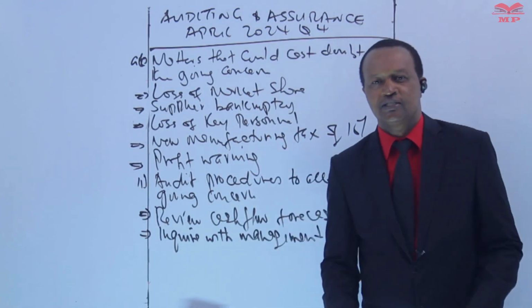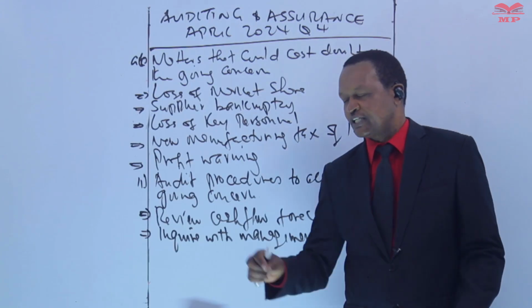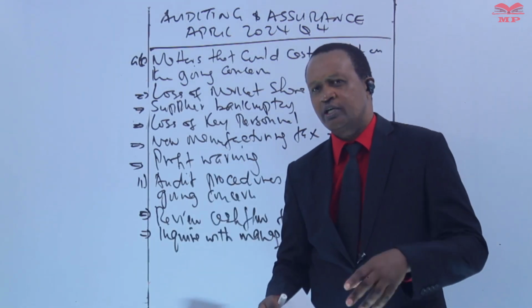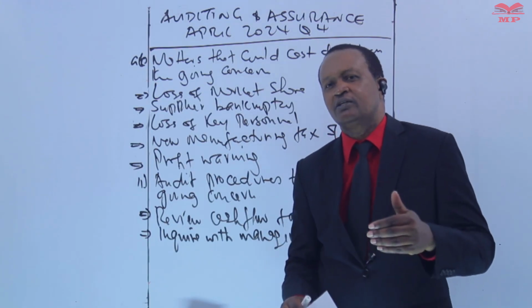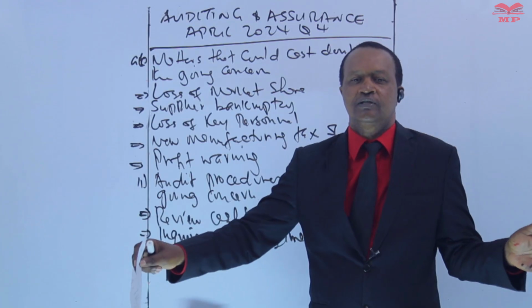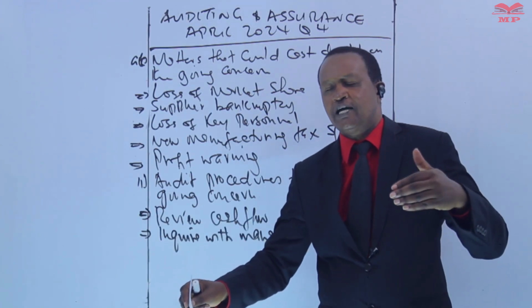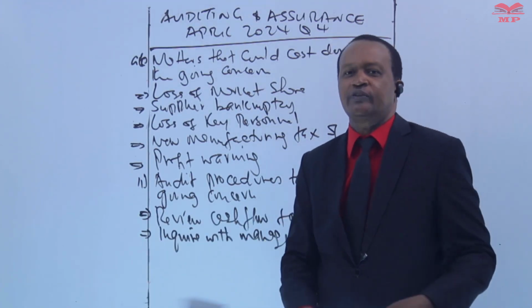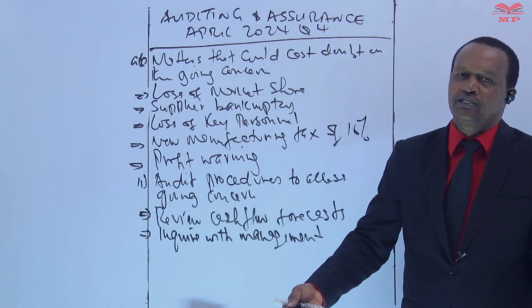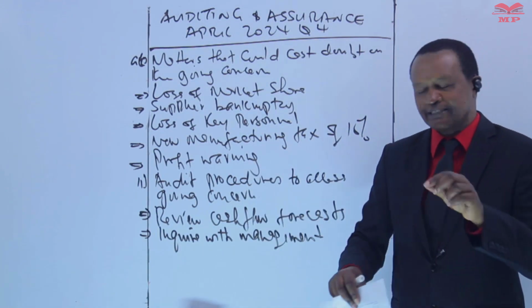Discuss with management. And in discussing with management, you ought to ask or discuss with them the assessment. What is the assessment of the company's going concern status? So discuss with management their assessment.